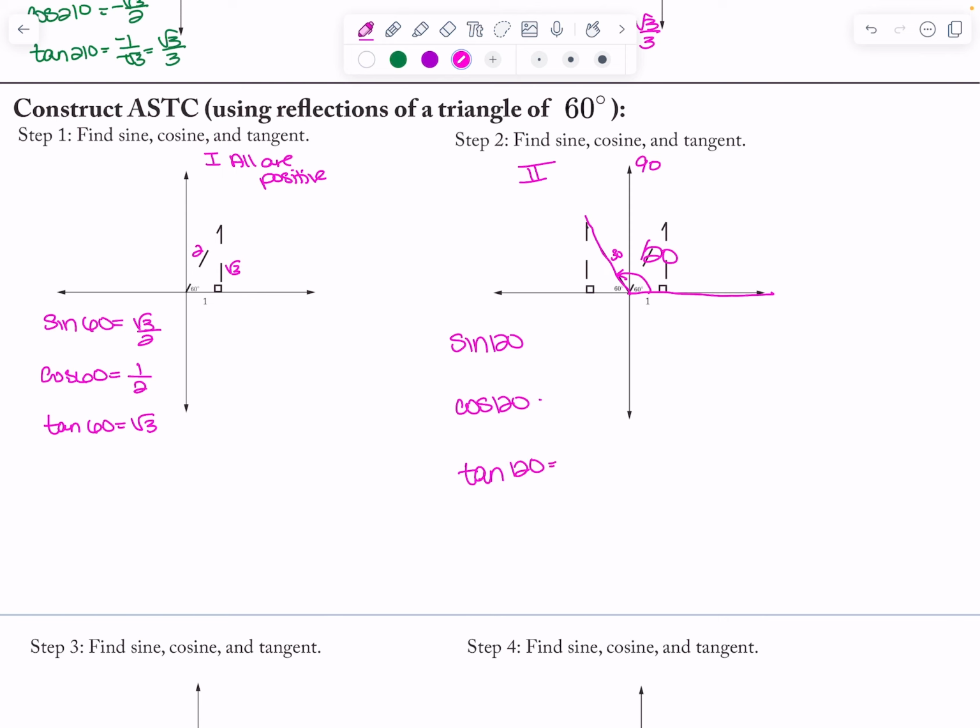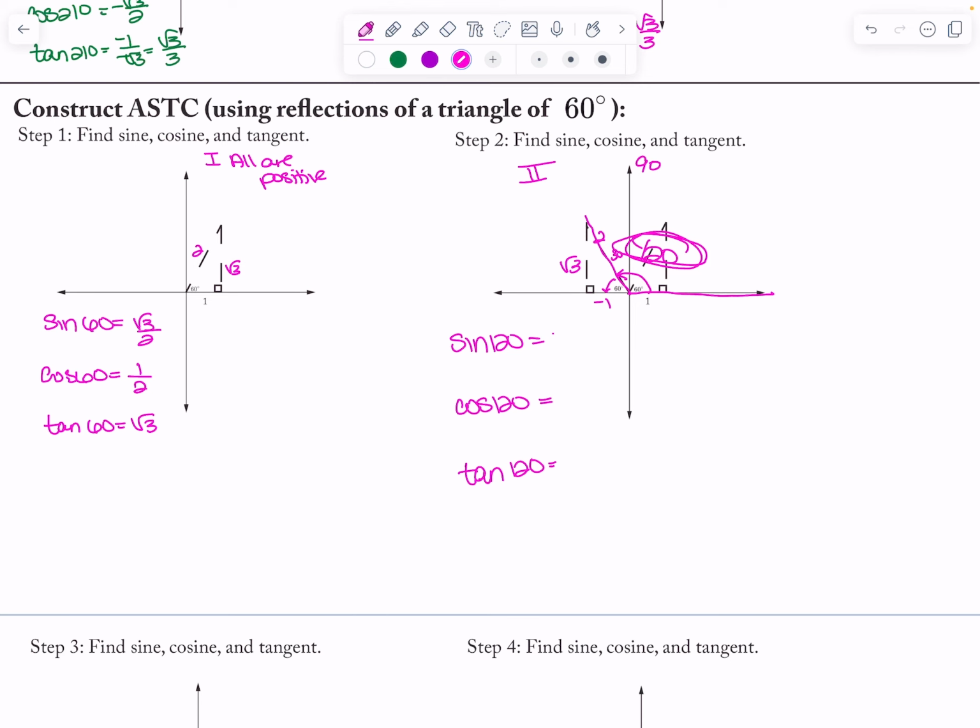What we're doing right now is really reducing our 120 degrees into something that fits a triangle. And so this angle of 60 degrees is called my reference angle. So I can use that to determine what my triangle is that I'm looking at.